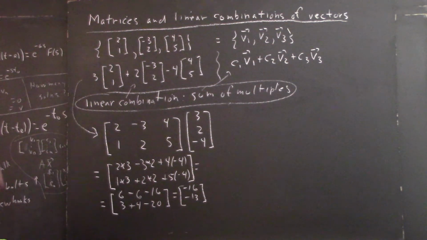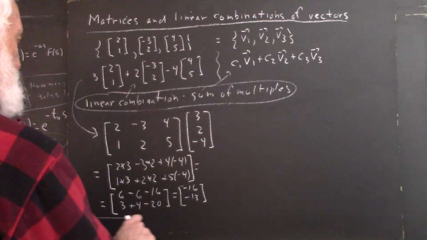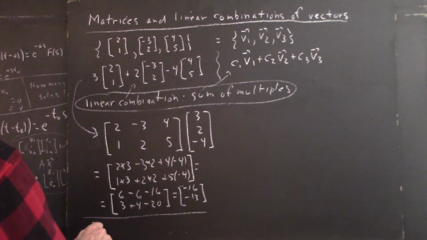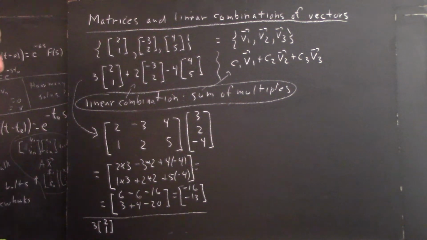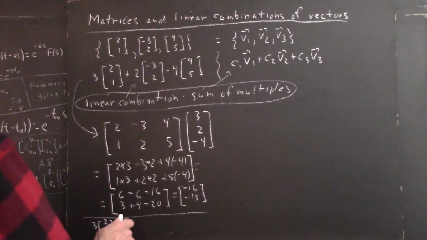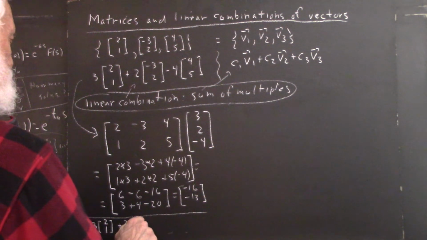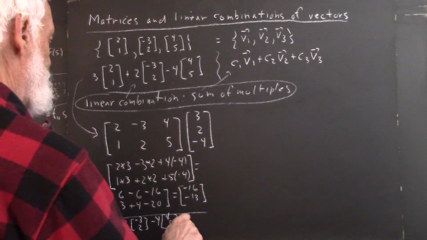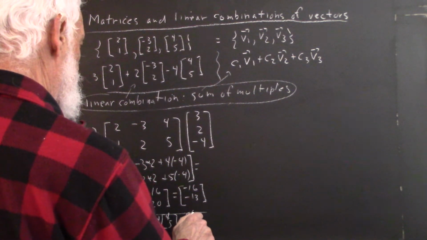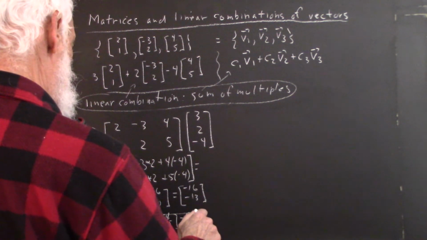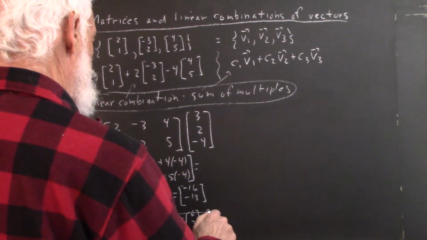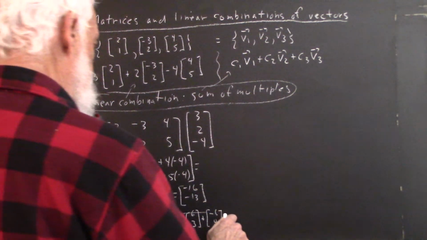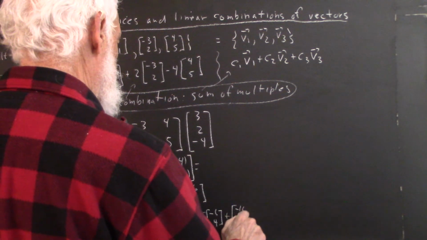Now, it shouldn't be surprising if we do the calculation here. 3 multiplied by 2, 1, plus 2 times negative 3, 2, minus 4 times 4, 5 equals 6, 3 plus negative 6, 4, just multiplying through here, plus negative 16, negative 20.